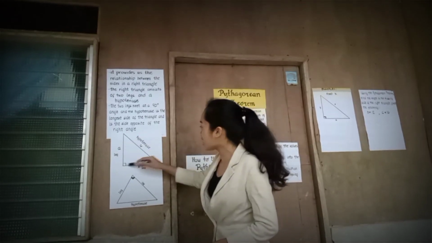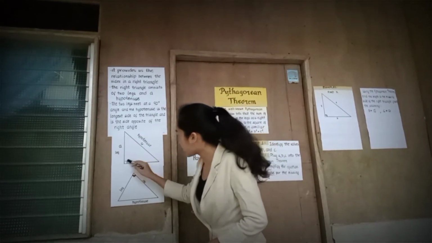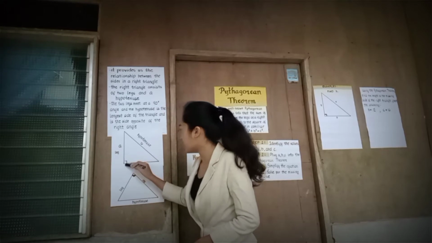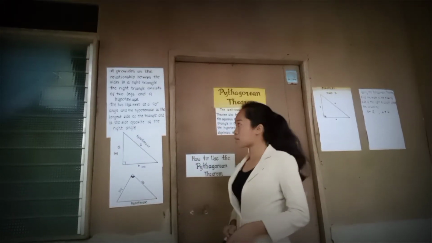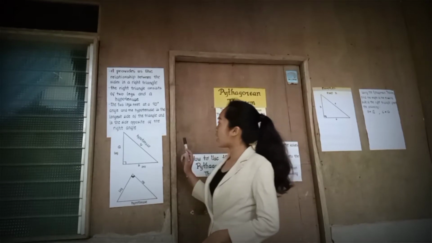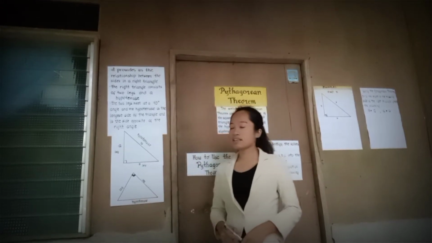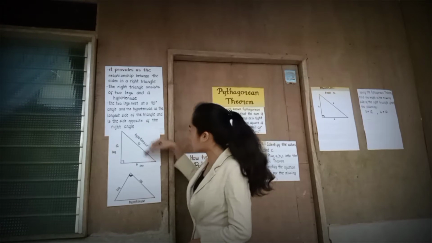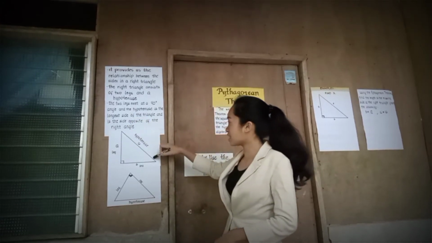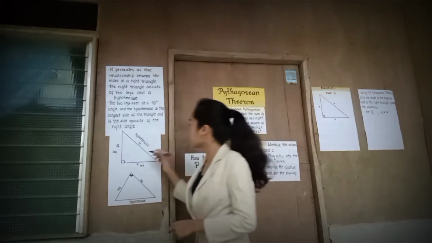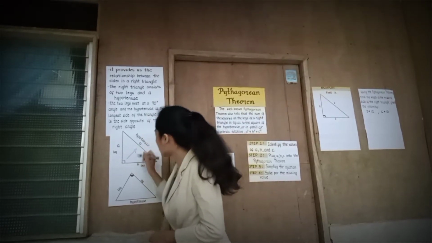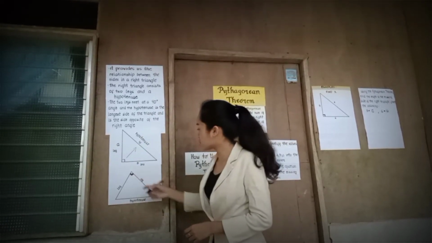The hypotenuse is the longest side of the right triangle and is opposite the right angle. So, the hypotenuse is the longest side, which is opposite the right angle.